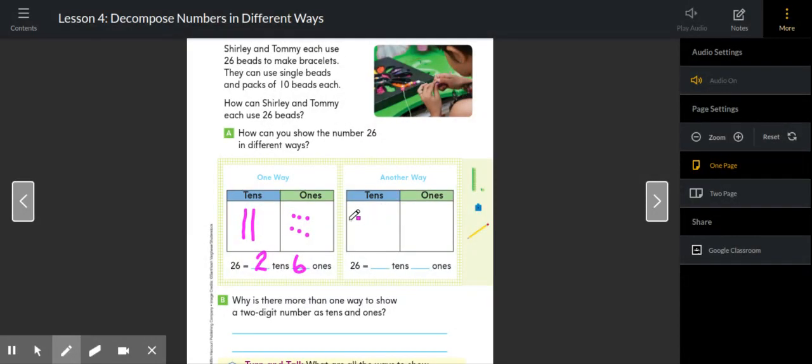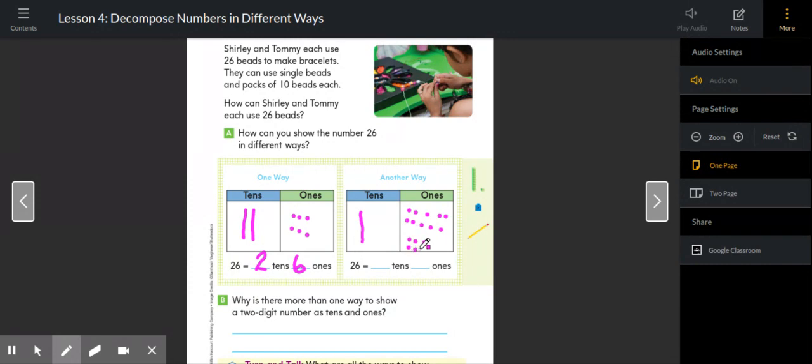I don't want to take the time to do that, but I am going to trade. I'm going to keep one of my 10s, but I'm going to trade this 10 in for 10 ones. And then I still have my 6 ones that I started out with.